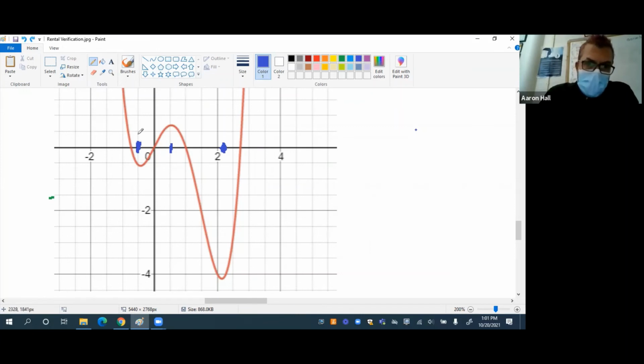And then let's look at in between these two zero slopes here. Just looking at the slope between these zero slopes, looking at the red graph, how can we describe that? It's all positive, right?